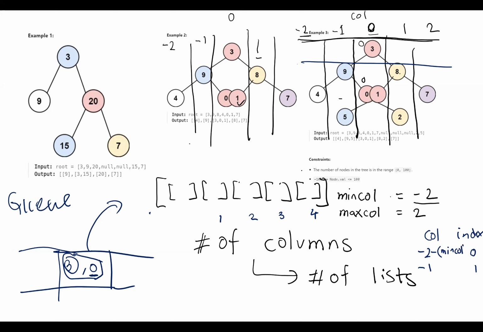Let's see. If column is 0, the min column value is -2, so 0 minus -2 is 2, that becomes index 2. If the column is 1, 1 minus -2 is 3, becomes 3. And column 2 minus -2 is 4, becomes 4.